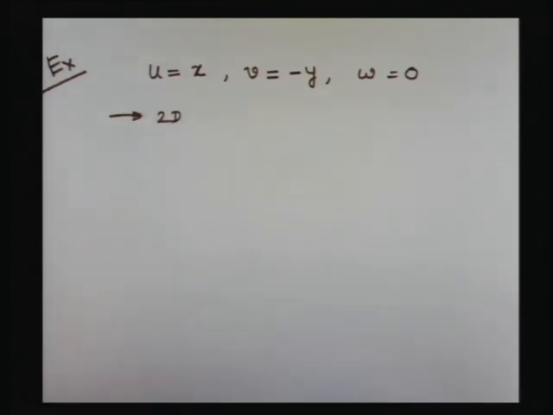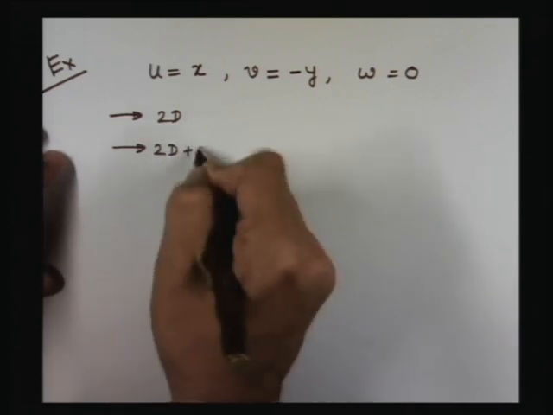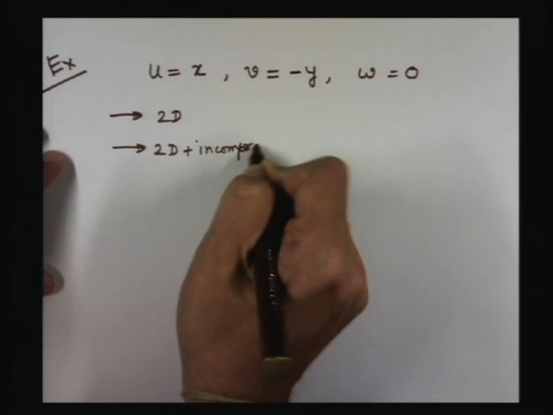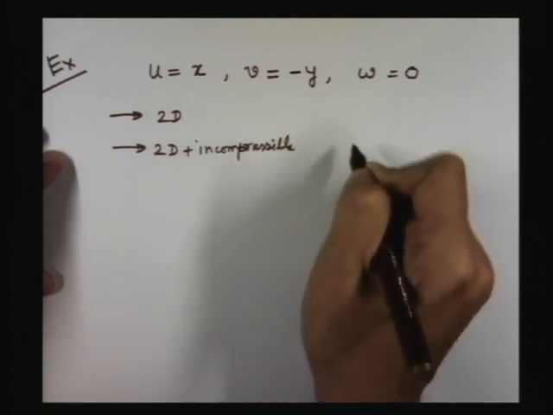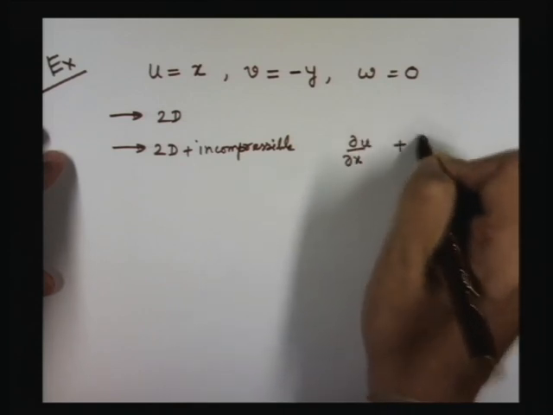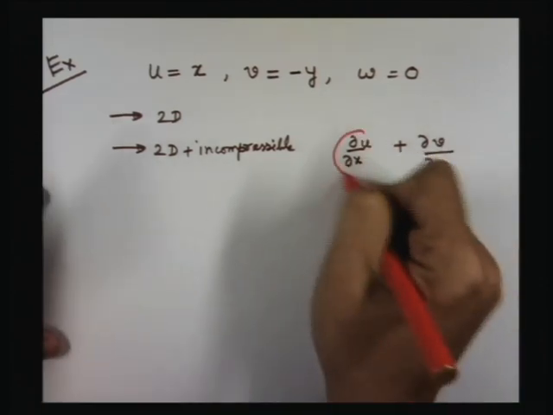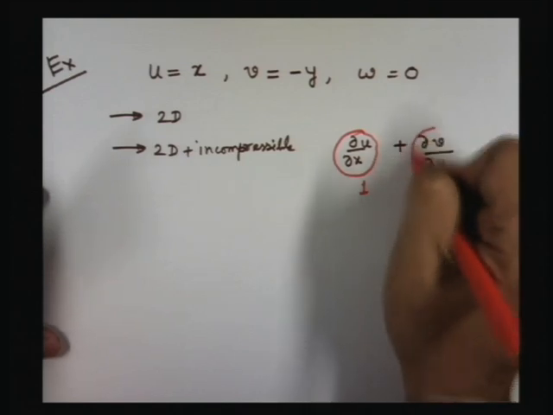Second, is it a valid velocity field? How will you justify it? You have to see whether it satisfies the continuity equation. In fact, it satisfies the continuity equation for 2-dimensional incompressible flow, because del U del x is 1, del V del y is minus 1.